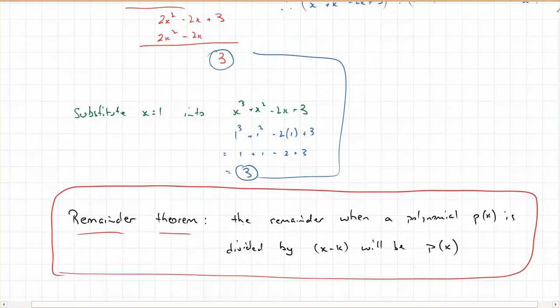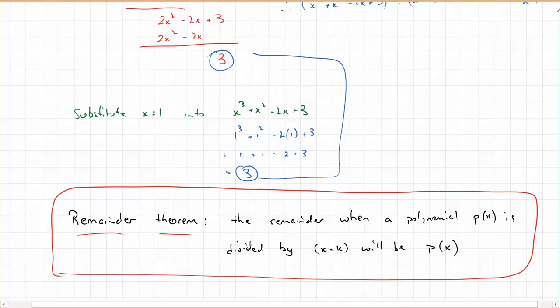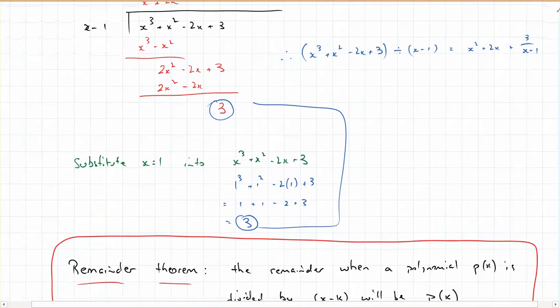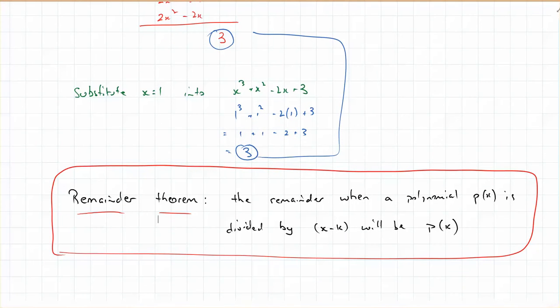The remainder theorem says that the remainder when a polynomial p(x), which in this case is that cubic, is divided by x minus k, in this case x minus 1, will be p(k). This just means, for x minus 1, this is p(1). So when you substitute 1 for x into the polynomial, you'll get the remainder, which is what we did here. That's the remainder theorem. If we get 0 for the remainder, then we've found ourselves a factor.